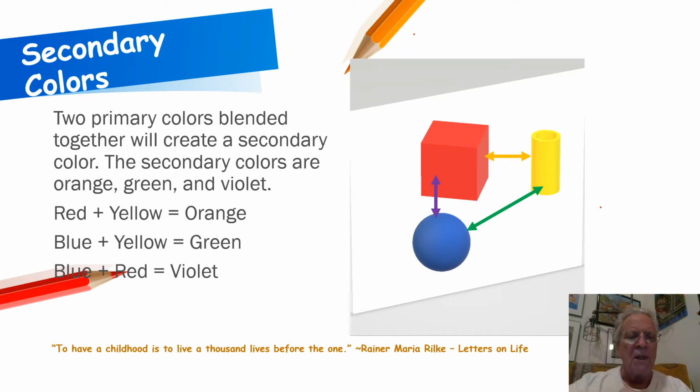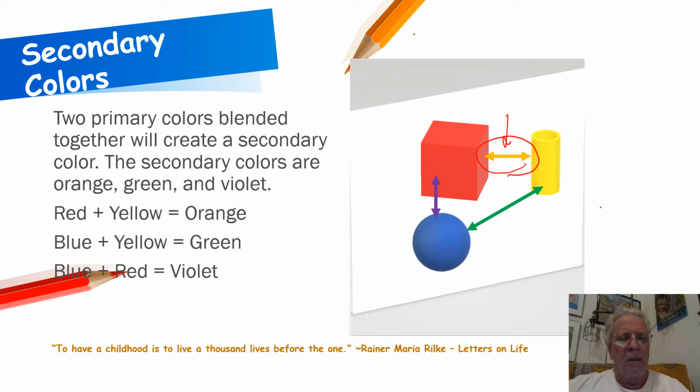It's okay, watch this. In order to make orange, we need to add red and yellow. If we add red and yellow, we're going to come up with orange, and that's the color of that arrow. It may not be the best orange in the world, but it's orange.